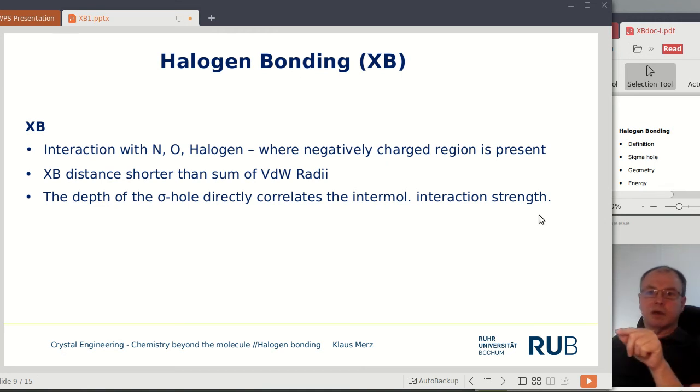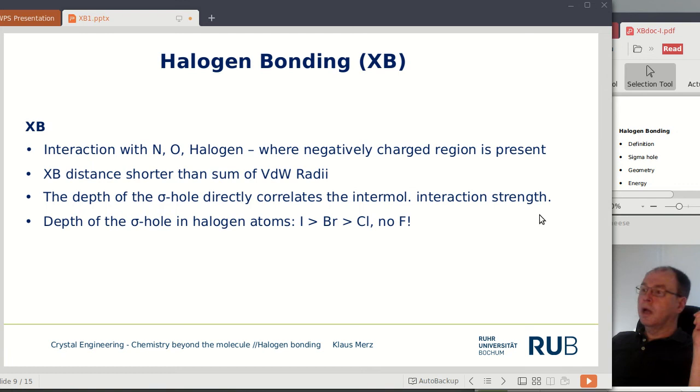In the case of halogen bonding, it is tunable. By tuning the depth, you have the possibility to improve the strength of the intermolecular interaction. You see the depth of a sigma hole. This is the ranking: iodine, bromine and chlorine.